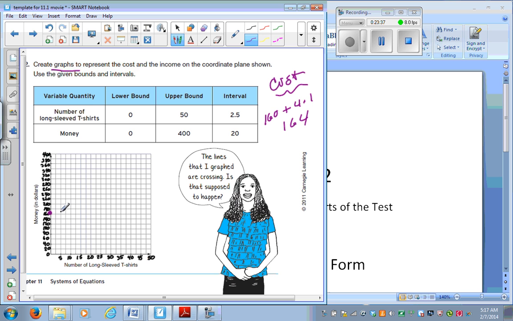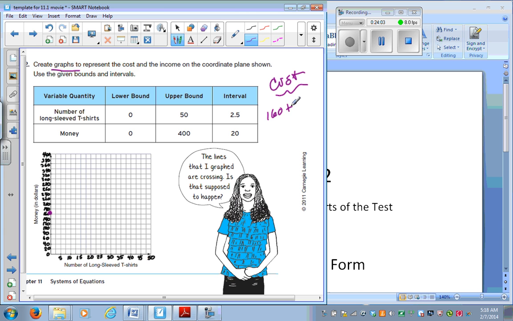So then what I could do is estimate about where one t-shirt is, and then go up and estimate about where 164 is. Notice this scale is kind of a pain for that because it's going up by so much. So I'm going to do something a little bit easier. I'm going to use the scale that they gave me, and I'm going to jump to how much the cost would be if I got 5 t-shirts.